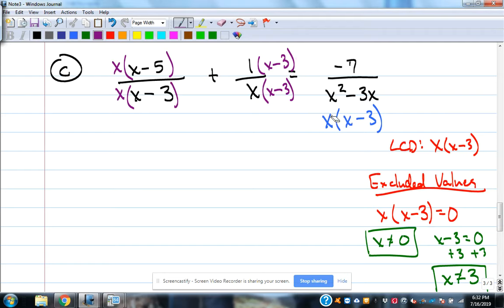The third fraction already has both of them, so it doesn't need anything. Okay, so we're going to leave it a negative 7. Now, I've done all the work so that I can just do the numerator equation. Just the top part's the only part I've got to work now because I did the excluded value stuff for the denominator. So I'm going to work that part. X parentheses x minus 5 plus 1 times parentheses x minus 3 is equal to negative 7.